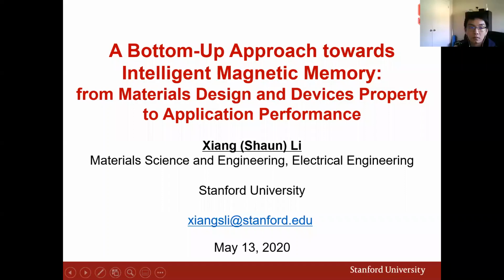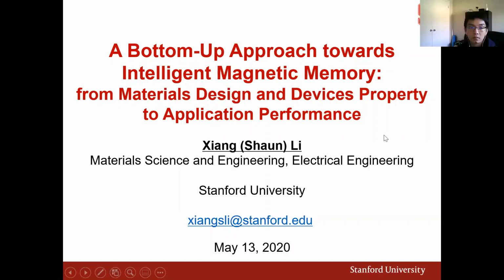One is materials, the second is properties, and the third one is the application performance. I will introduce two frameworks that can bridge these three aspects and bring them together so that we can understand and develop the magnetic memory faster. I'm with both the material science and electrical engineering departments at Stanford as a postdoc.